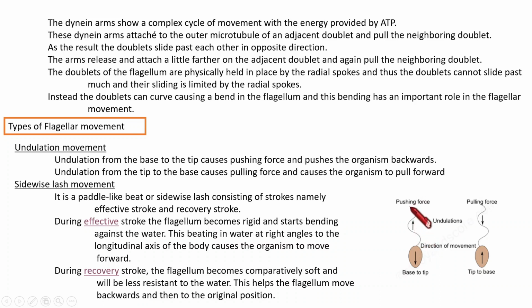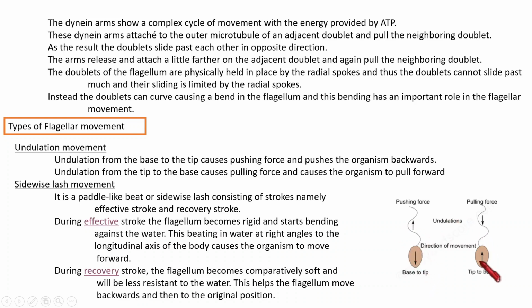During that time, the protozoan is moving in the opposite direction. It pushes the water and moves back. We have learned a law: for each and every action, there will be an equal and opposite reaction. So that is the first type, undulation.